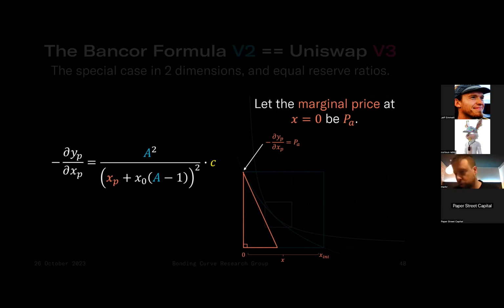I choose to call the gradient at that point PA. In the Uniswap documentation, they call this point PB and the other one PA, but it doesn't matter, they're just symbols. I just like the idea of reading left to right or top down, so I feel like A should come before B. But just remember that PA is the steeper gradient. It's the leftmost one, the one at the y-intercept when we've got no x tokens left.